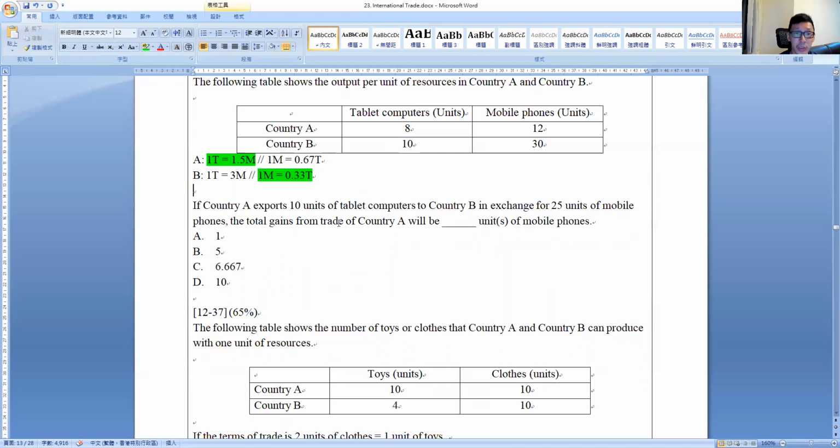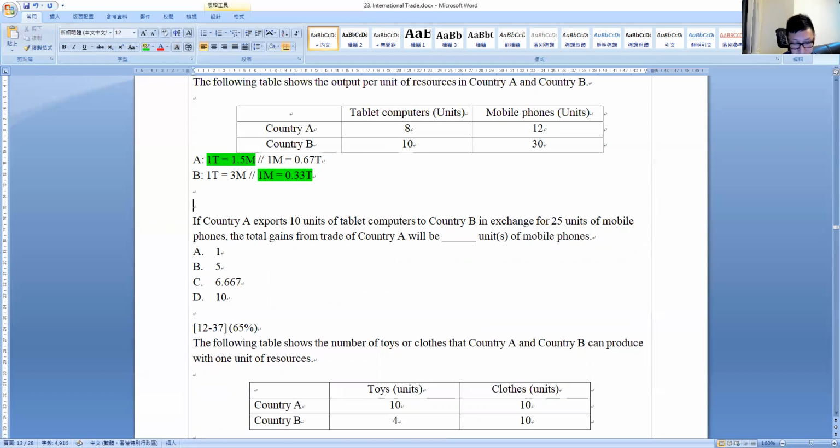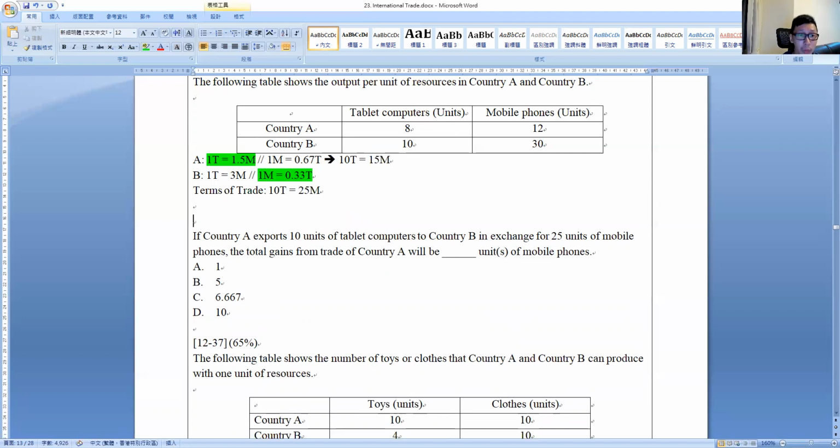Hold on, let's see. We need to calculate the total gain from trade of country A. Country A will be exporting tablet, right? Right now, the terms of trade would be 10T equals to 25 M. So if 1T equals to 1.5 M, we know 10T would be 15 M for country A. So what would be the gain?